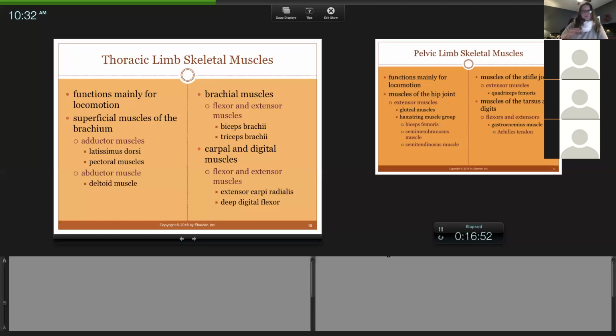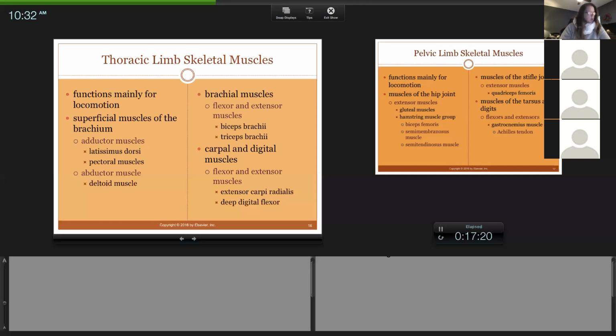Now, the deep digital flexors I did not have on your sheet, but they are below, and they pull towards origin, flexing the digits. So that would be a flexor. Extensor, flexor. So the extensors are usually found dorsal or anterior. Flexors are usually found caudal or posterior. So they pull this way versus this way.